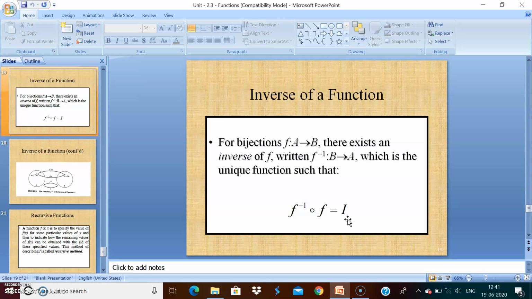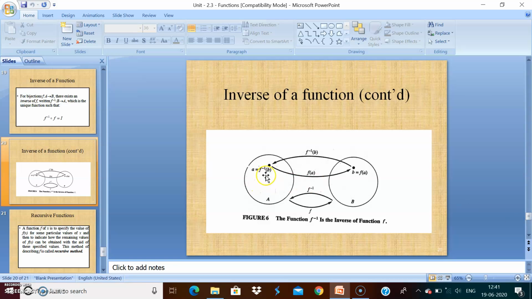That is nothing but the inverse function, the reverse case, back to front. The function f inverse is the inverse function of f. So b equals f(a), and a equals f inverse of b. That is the inverse function. These are all the different types of functions.